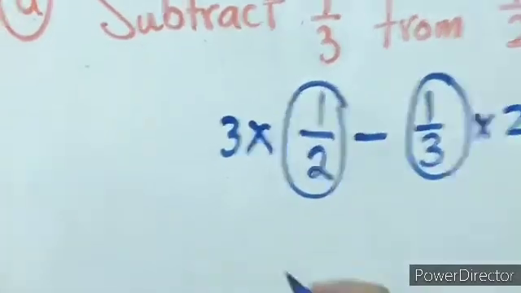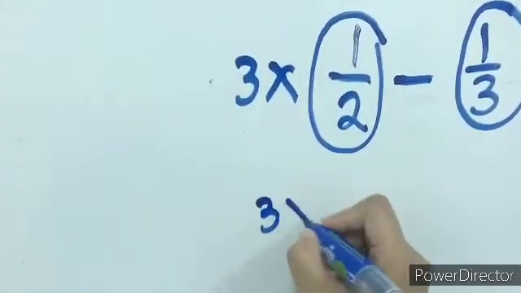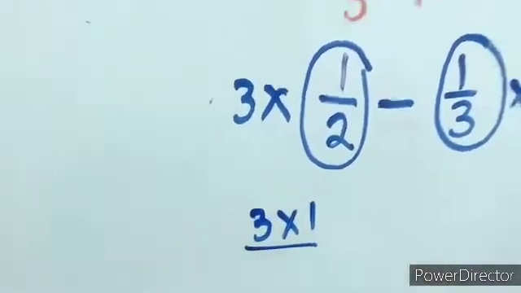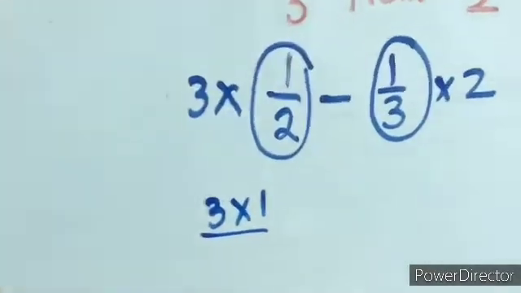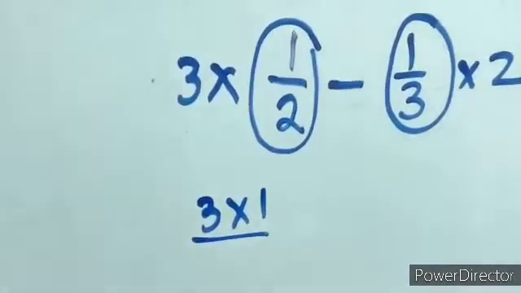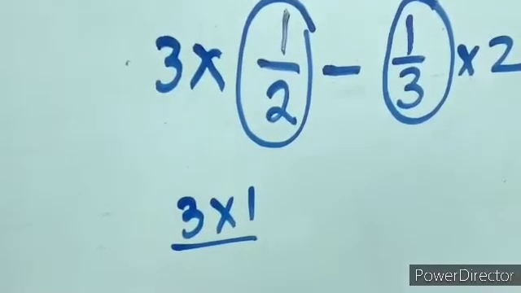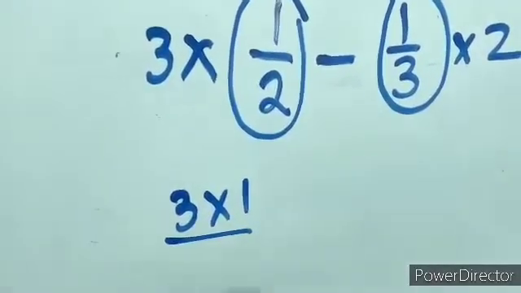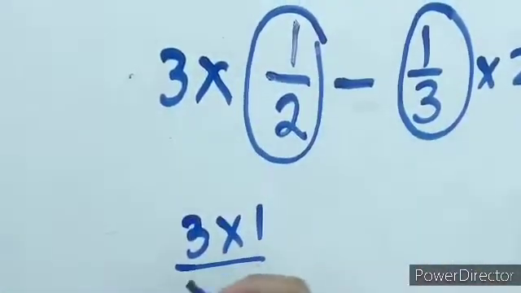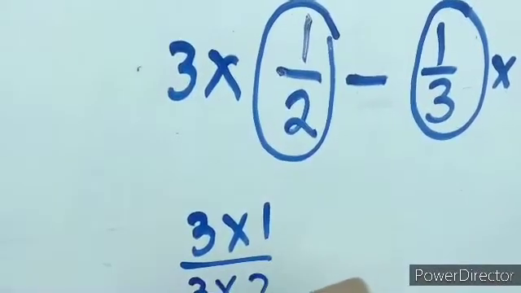Now check. If I write 3 multiplied by 1, as I told you, you will not only multiply the denominator, you have to multiply the numerators also. So in this way, you will write 3 multiplied by 1 and 3 multiplied by 2.